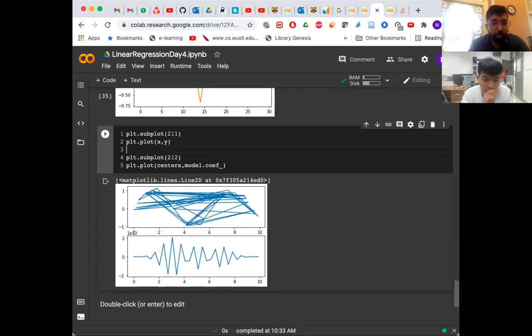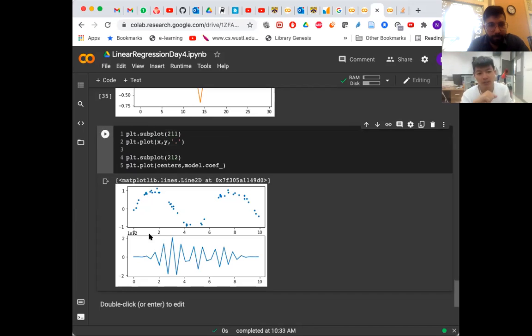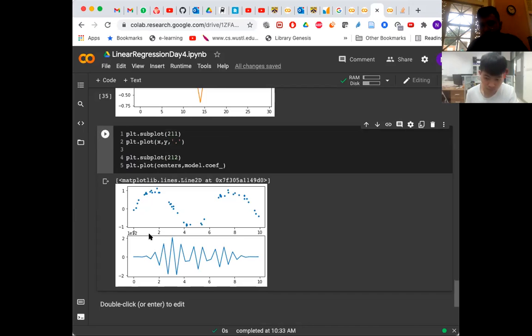Okay, you guys didn't answer me. Why is it that when I plot X and Y, I plot it with a dot, but I don't plot the fit data, X fit, with a dot? I plot it with a line.